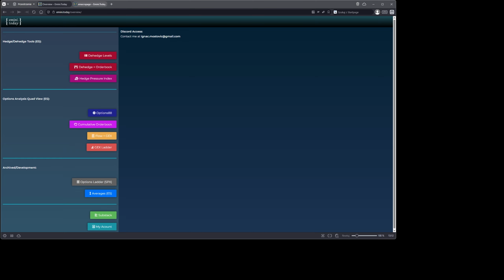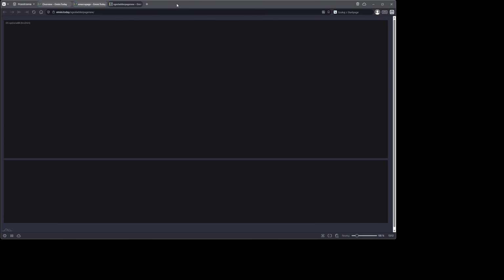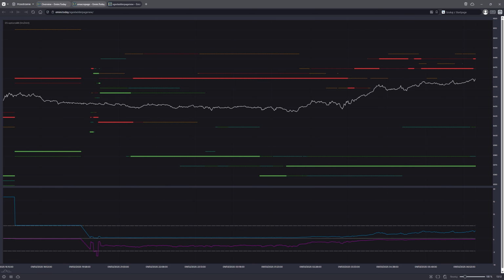So basically, the one way, which you will usually see in different tools that are available in the market, and also in literature, and people who are talking about it on YouTube and on social media, is usually something like, let's say, let's go to options 88, and you will see that there is a price and there are some strikes, important strikes.